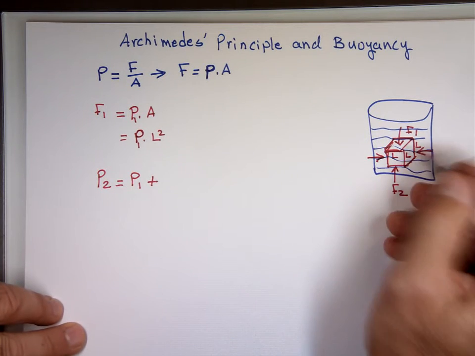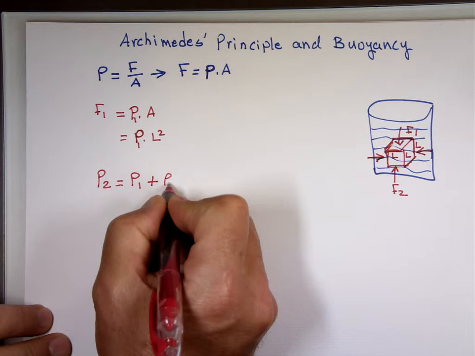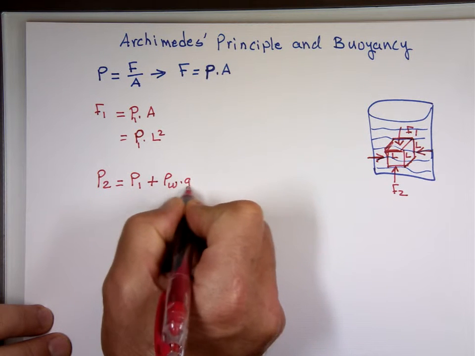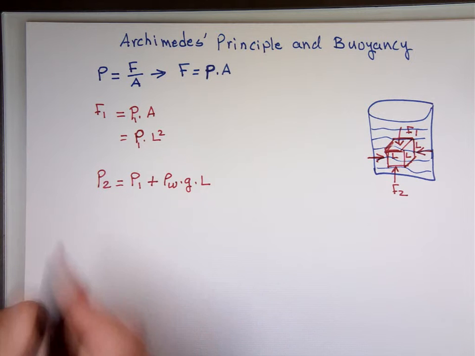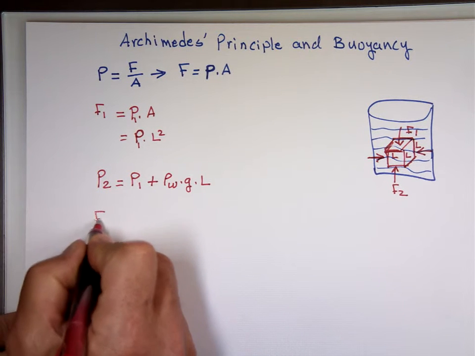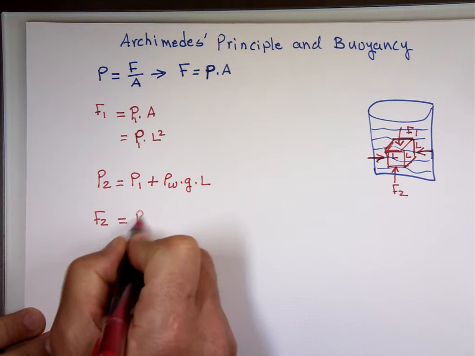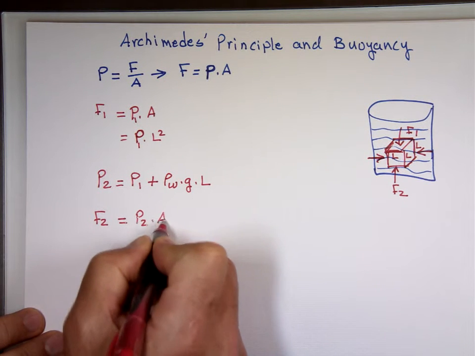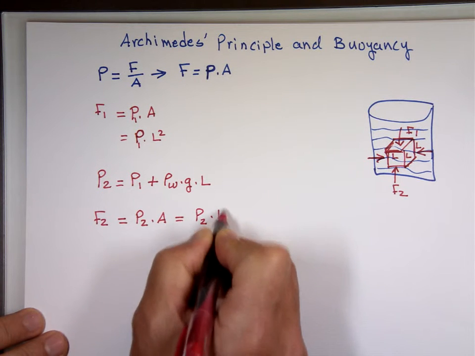Rho of the wood, the weight of the wood pushing down, if it's wood here, rho of the wood times gravity times the height, which is L. And we know F2, the force on the bottom, has to equal pressure 2 times the area, pressure 2 times L squared.